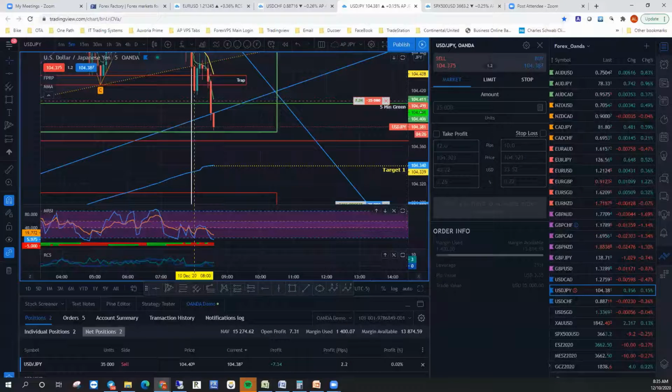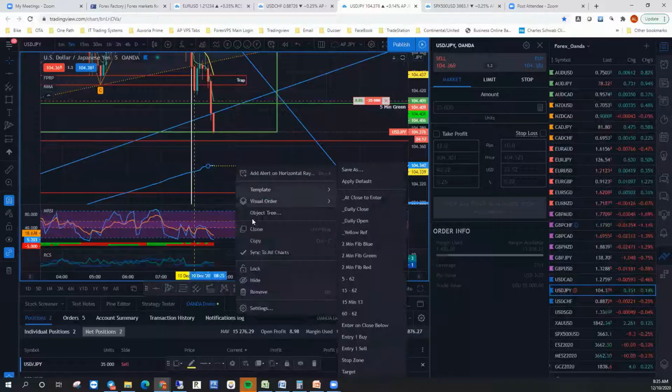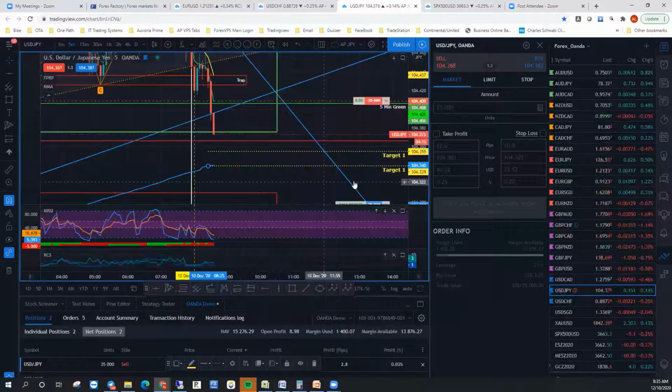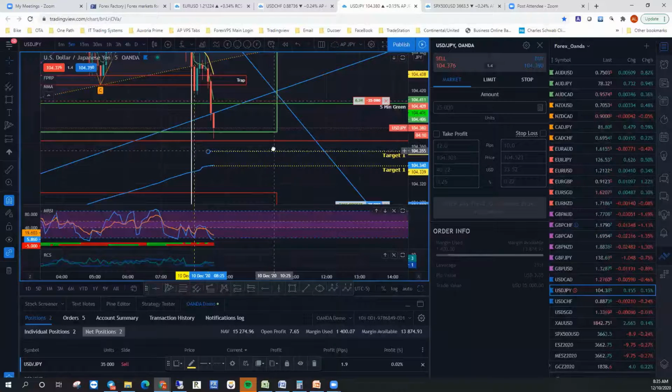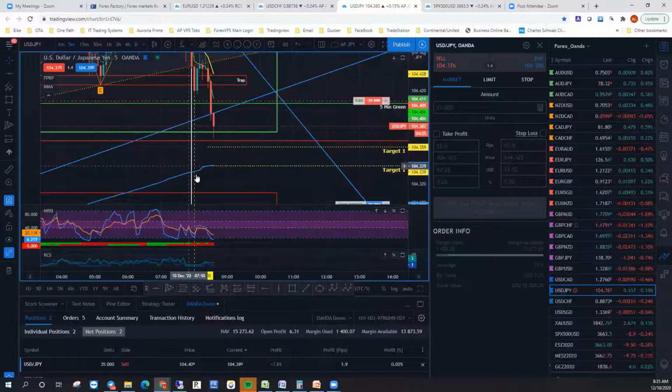See, we got in at 104.41. And let me mark our 5 pip area. 41 to 36. So this would be our 5 pip target. This would be our 7 pip target.